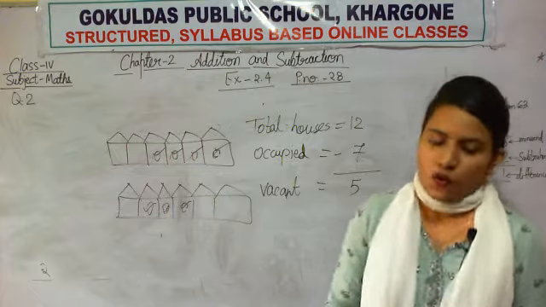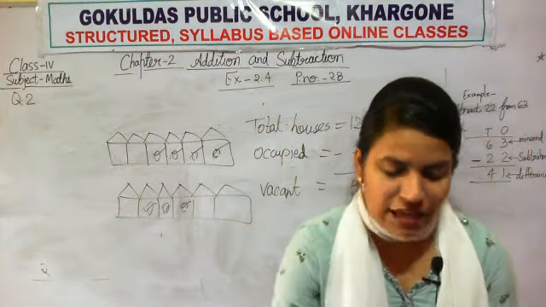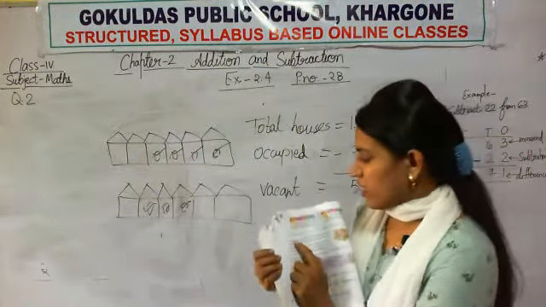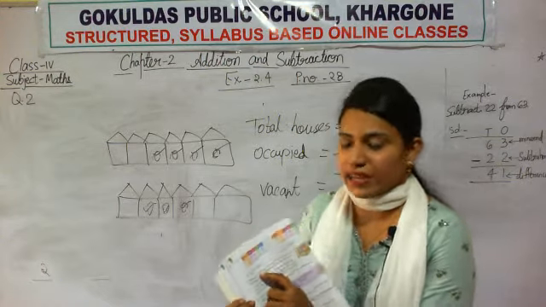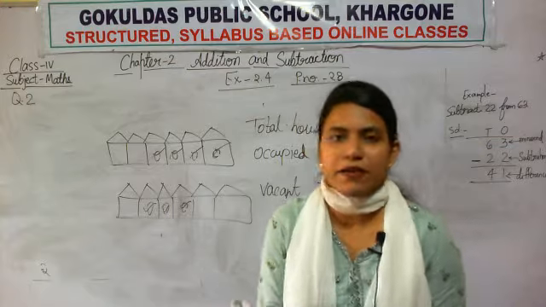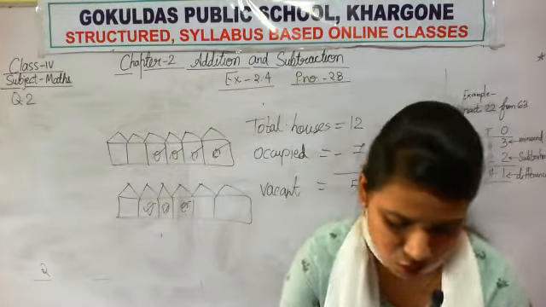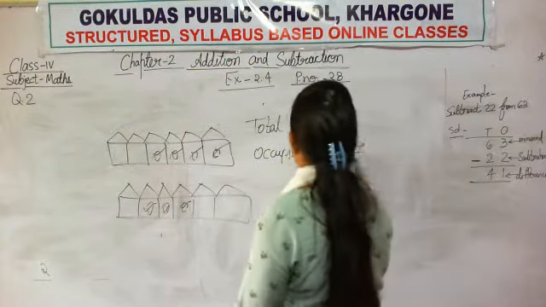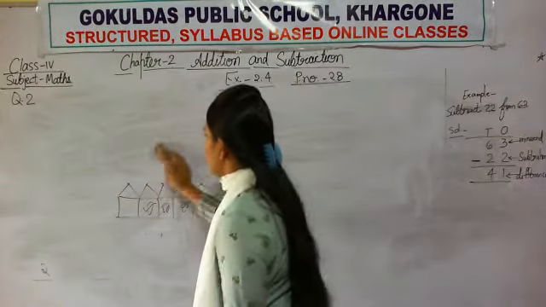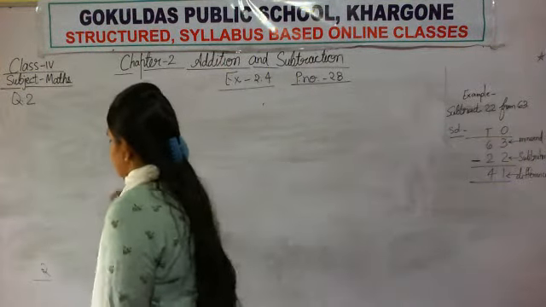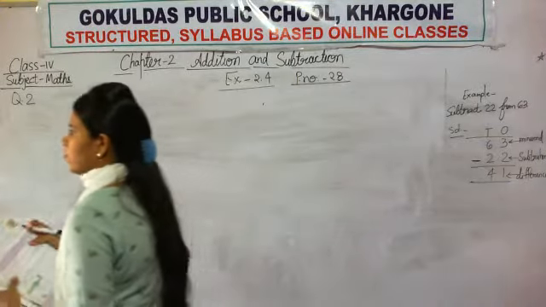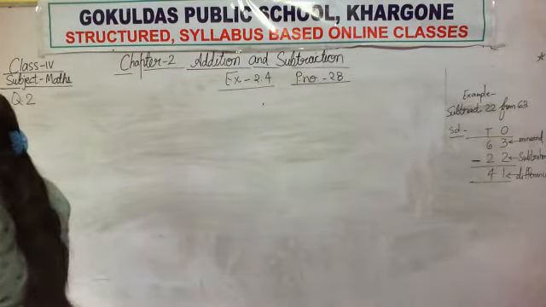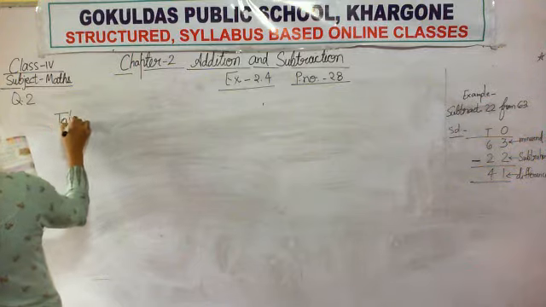Right? In the same manner, there is an apartment. In that apartment, there are 52,178 apartments. It is a very big township. So how many total apartments are there?